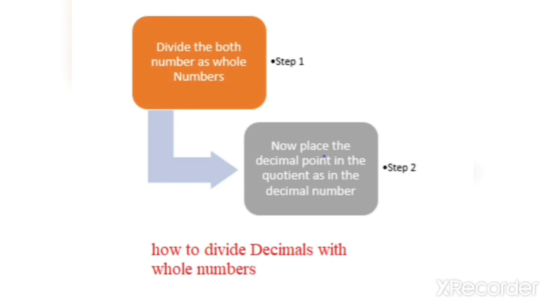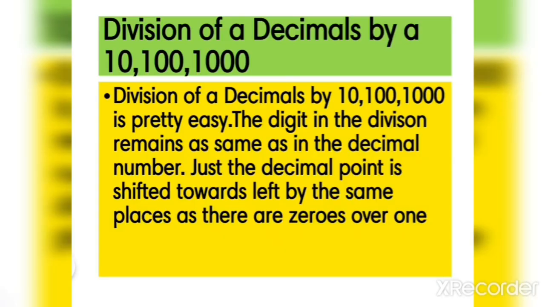You can understand how to divide decimals with whole numbers through this simple flow chart. Divide both the numbers as whole numbers and then place the decimal point in the quotient as in the decimal number. After that, let us learn how to do division of a decimal by 10, 100 and 1000.